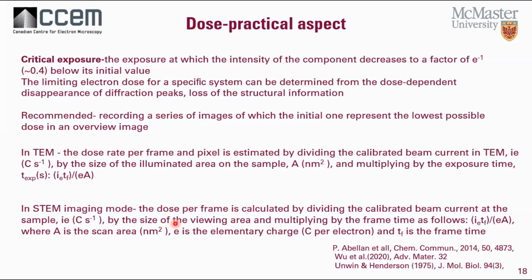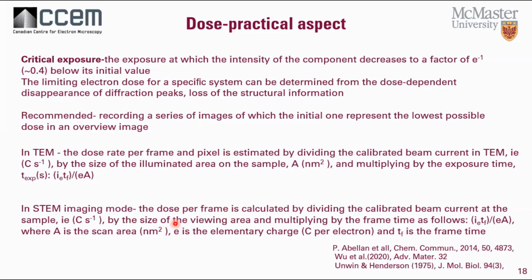The limiting electron dose for a specific system can be determined from the dose-dependent disappearance of diffraction peaks, which is actually the loss of structural information. What is recommended is to record a series of images, of which the initial one represents the lowest possible dose, in an overview image.